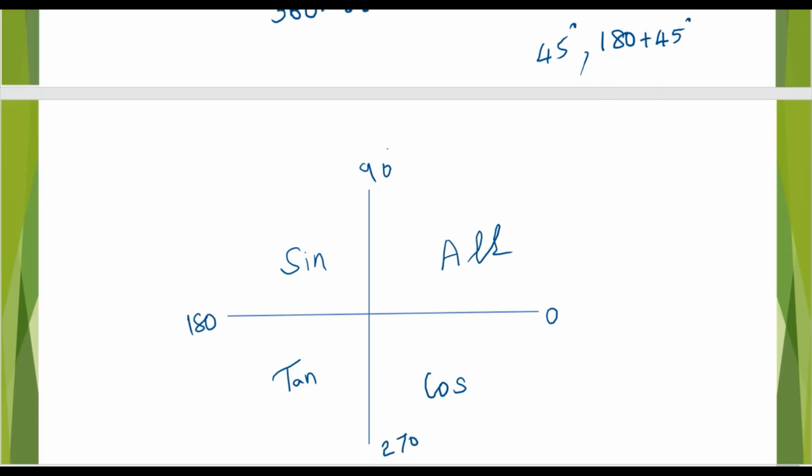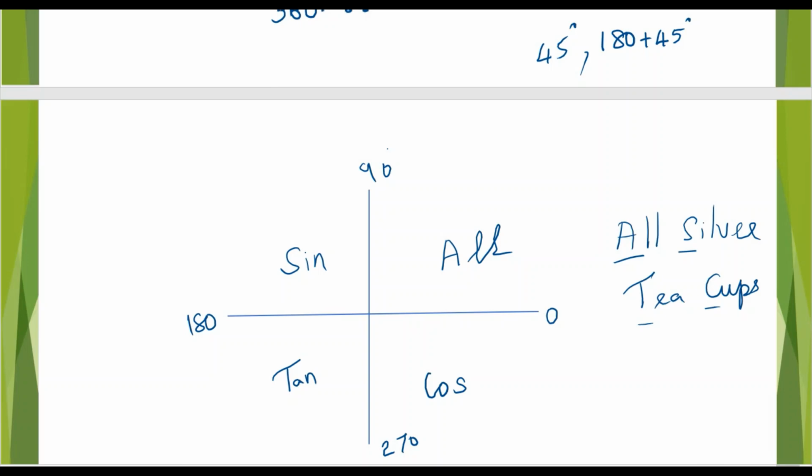In the second quadrant, only sine is positive, all others are negative. In the third quadrant, only tan is positive, all others are negative. And in the fourth quadrant, only cos is positive, all others are negative. Okay, you can remember this. This is how we used to remember this: all silver teacups.